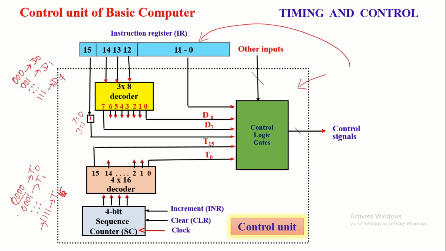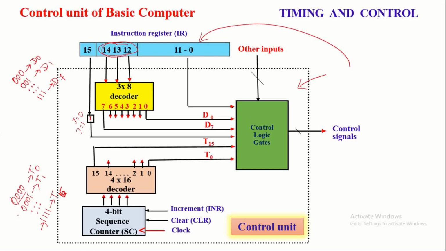In this instruction, bits 12 to 14, that is the opcode part of the instruction, are received by the 3 by 8 decoder, and based on the opcode values, this 3 by 8 decoder will activate only one output line out of its 8 output lines.